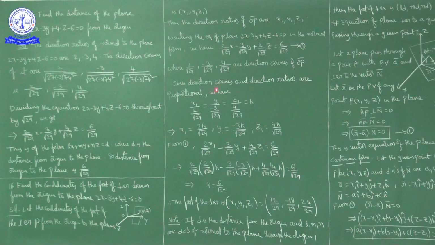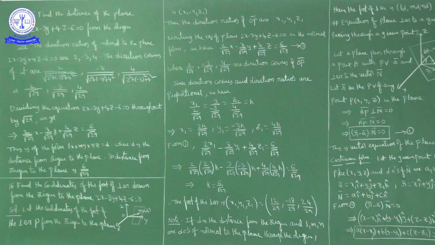Since direction cosines and direction ratios are proportional, we have x1 by 2 upon root 29 is equal to y1 by minus 3 upon root 29 is equal to z1 by 4 upon root 29 is equal to k.